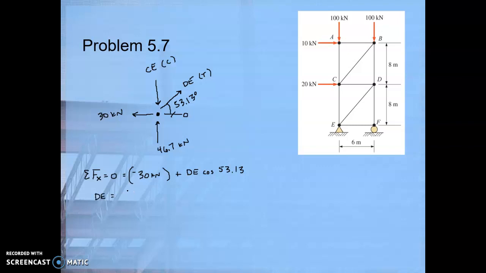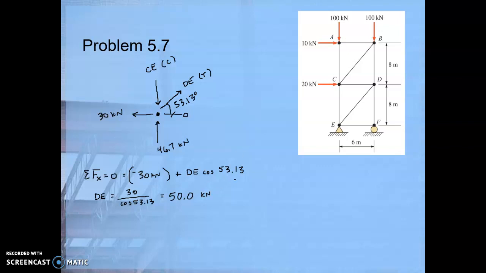So we solve for DE. DE is going to equal 30 divided by cosine of 53.13. My calculator shows me 49.9998, but that will round, when we go to three significant figures, to 50.0 kilonewtons.